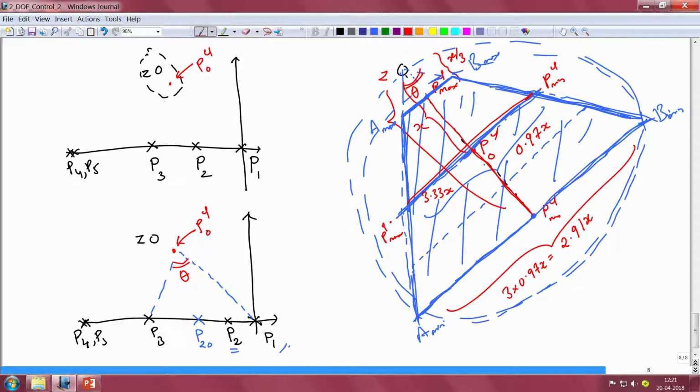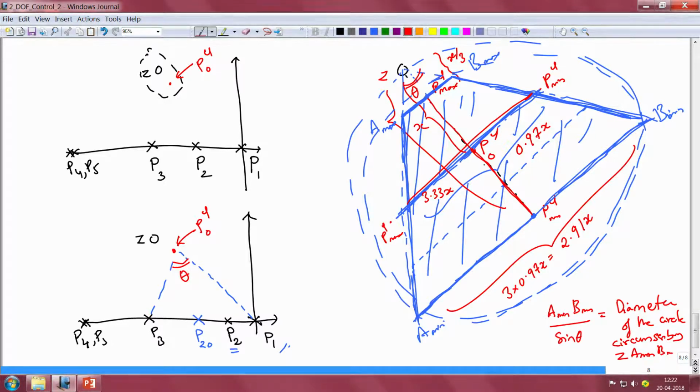Now, from the sine rule which we learnt in our high school, we know that the distance A min B min divided by sine theta is going to be equal to the diameter of the circle that circumscribes the triangle Z A min B min.